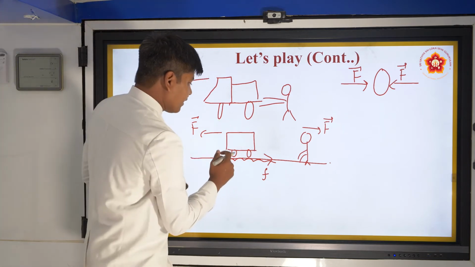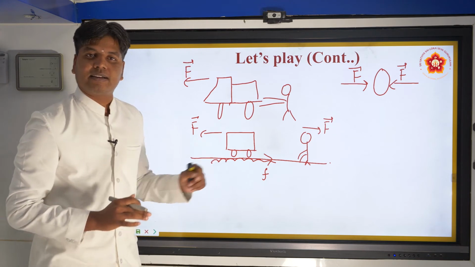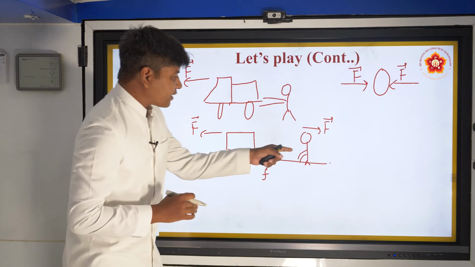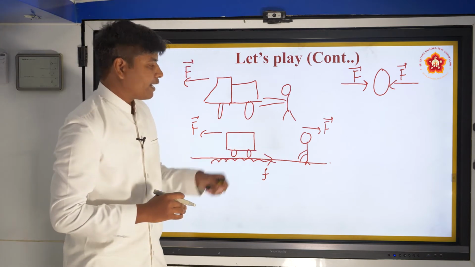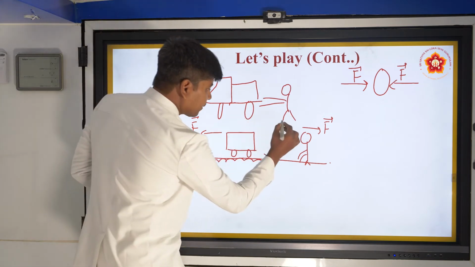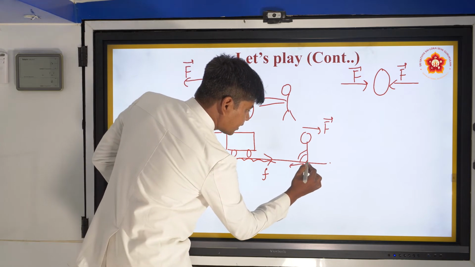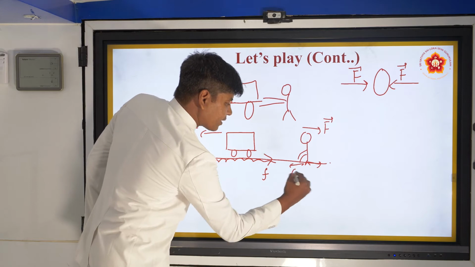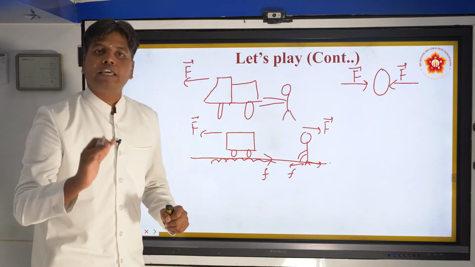You are pushing it, but the friction is halting the truck. Is friction not applied on you? Yes, friction is also applied on you. You are pushing the ground in the backward direction. Friction is acting in the forward direction just to keep you from moving.